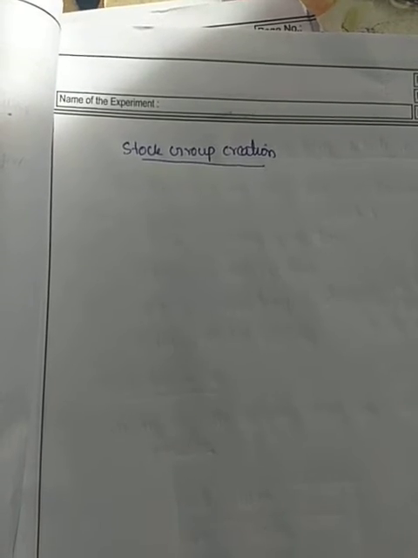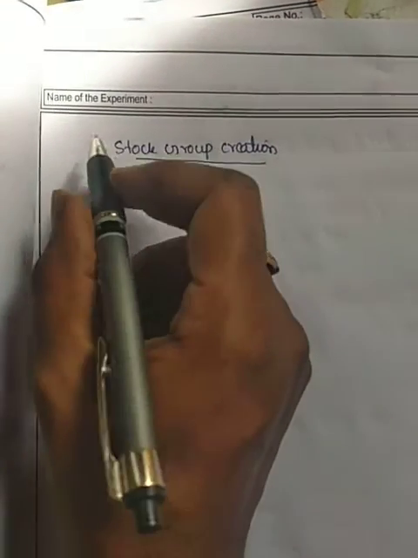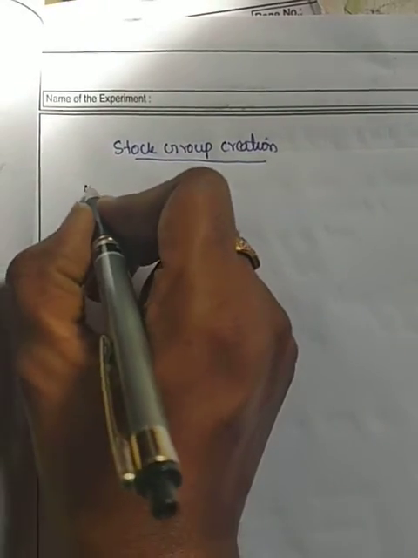First, stock group creation. In Gateway of Tally, how to create the stock group?